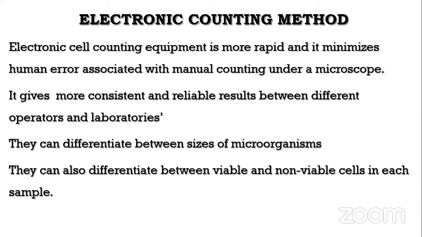If our culture is expected to be a particular species or strain of bacteria, the electronic counting method can help us differentiate different sizes of microbial growth if we are not looking at a mixed colony. So it helps us to get an insight. And it also differentiates between viable cells and non-viable cells in each sample, which most manual counting chambers may not be able to differentiate under normal circumstances.